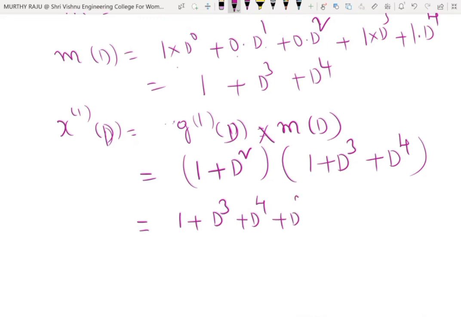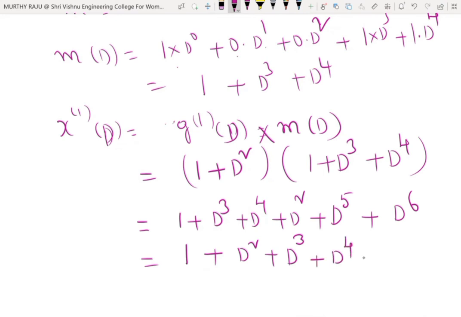This is d square into d cube, d power 5, d square into d power 4, that is d power 6. 1 plus d square, d cube, d power 4, d power 5 plus d power 6. This is the x1 of d polynomial form.